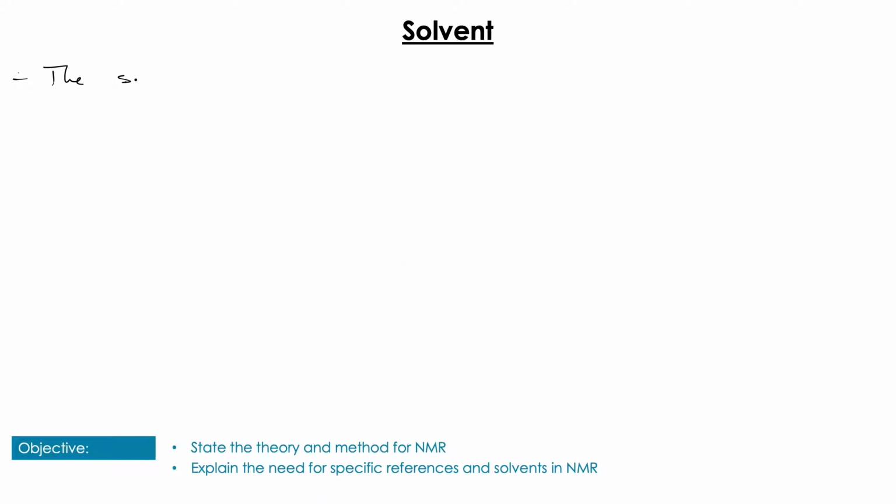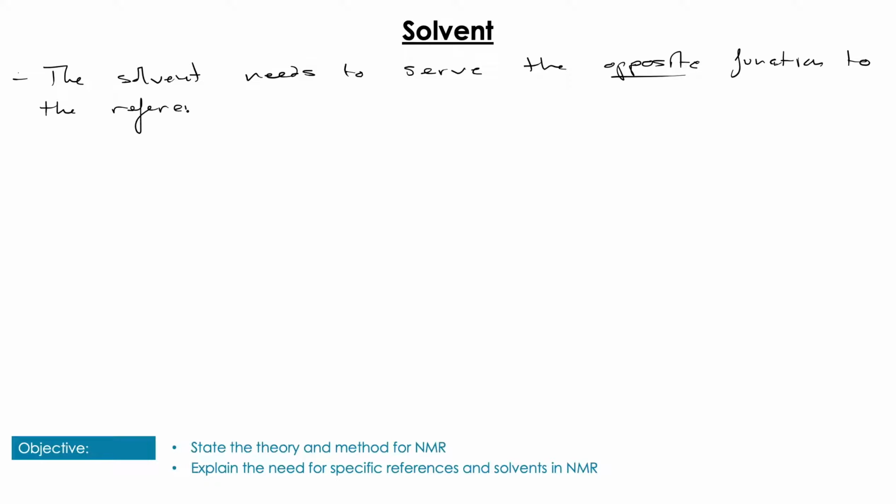So now we've got a 0 and we want to test our sample. So we need to dissolve our sample in something. However, the solvent needs to serve the opposite function of our reference. We want the solvent to be basically invisible. We do not want it to be NMR active, which is a bit of an issue when we think about most of our common solvents.